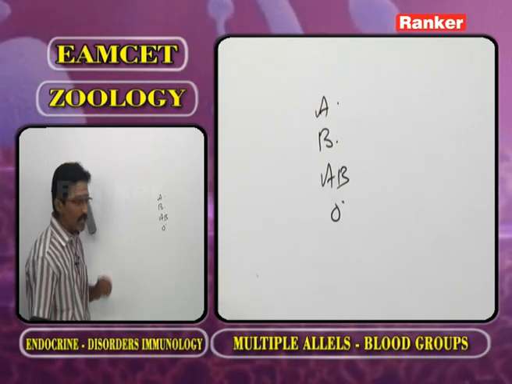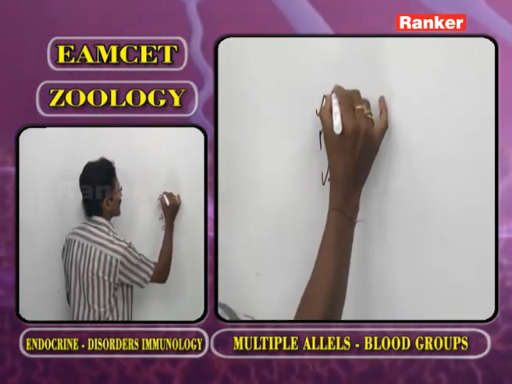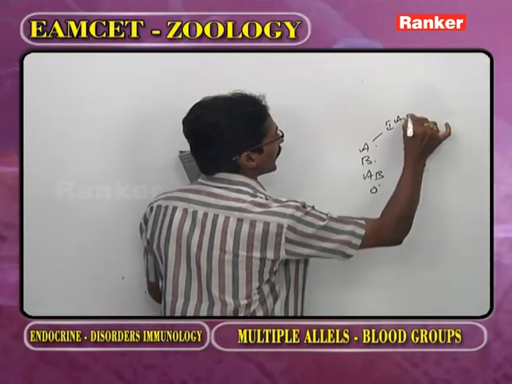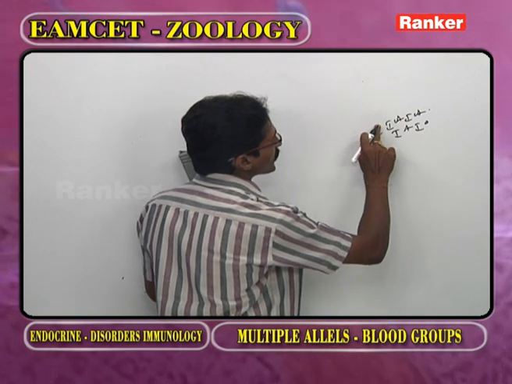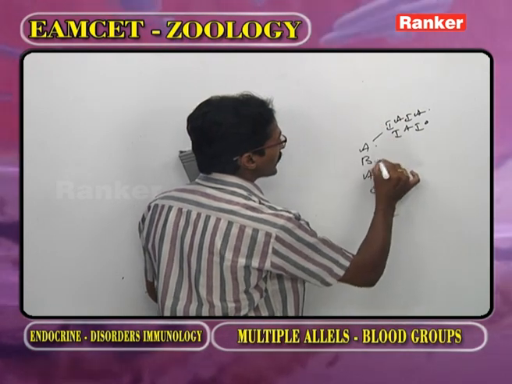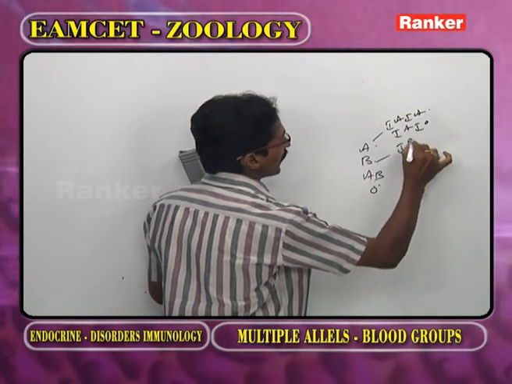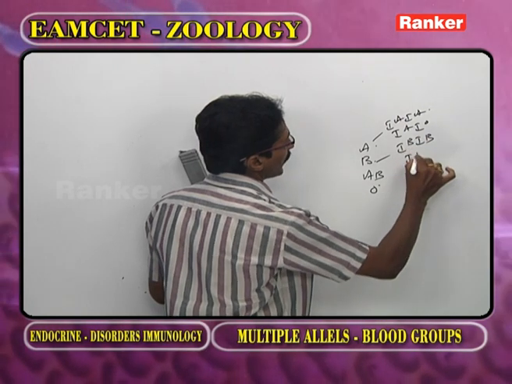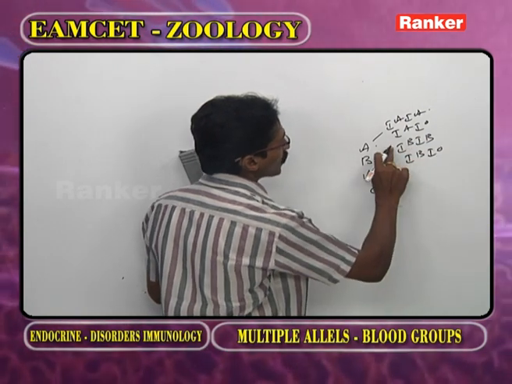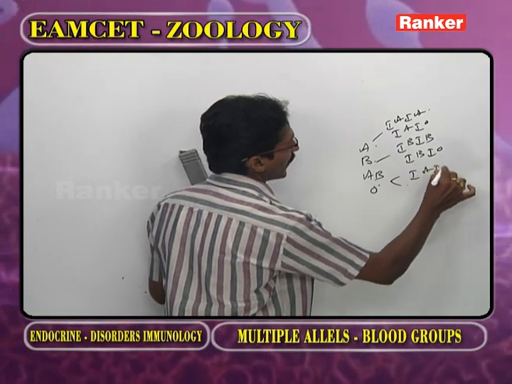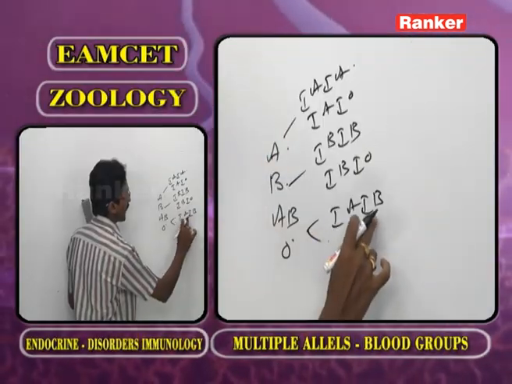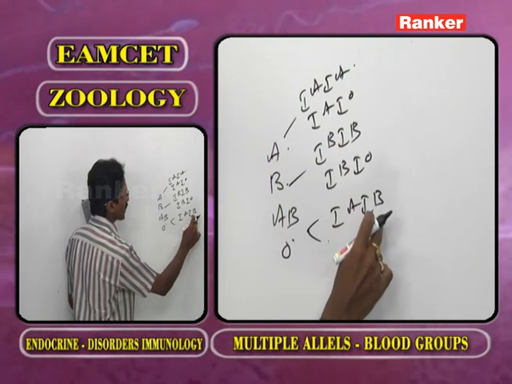Now what is the genotype? As we observe the A blood group, IA IA, IA IO, homozygous dominant and heterozygous. And what about the B, IB IB, IB IO, homozygous dominant, heterozygous. AB, IA IB, heterozygous, both are dominant.